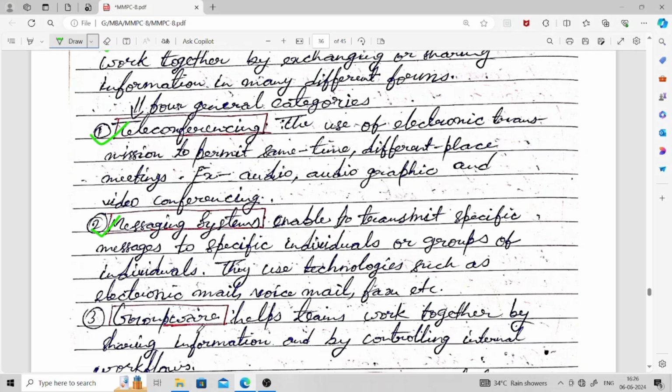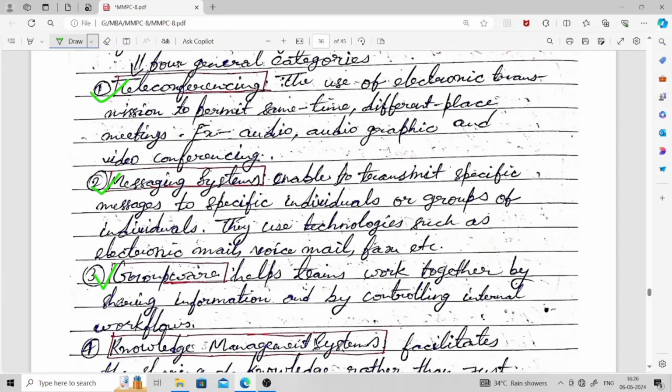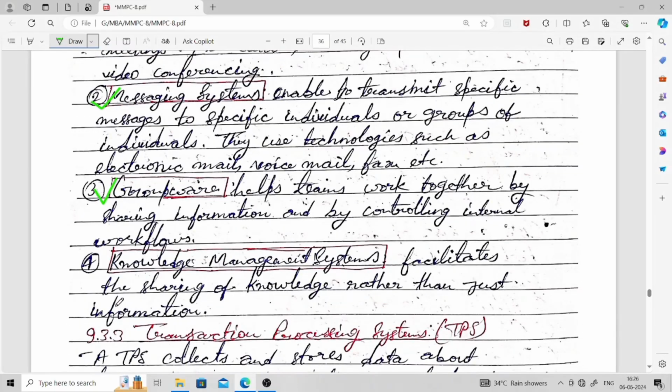So first it was teleconferencing, second is messaging systems, and the third given is groupware. Groupware helps teams work together by sharing information and by controlling internal workflows.